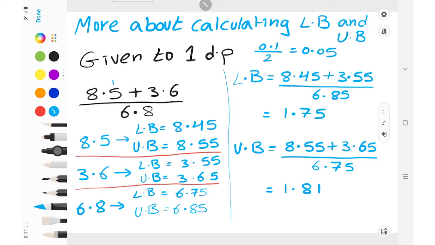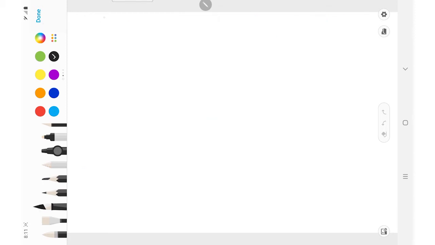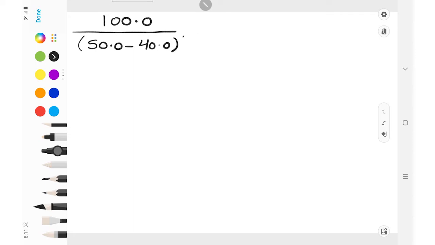I'll do another one. Okay, now I have 100.0 divided by 50.0 minus 40.0, all squared. Now, all squared, I said it doesn't matter. Why? Because it is 50.0 minus 40.0 multiplied by another one of 50.0 minus 40.0.